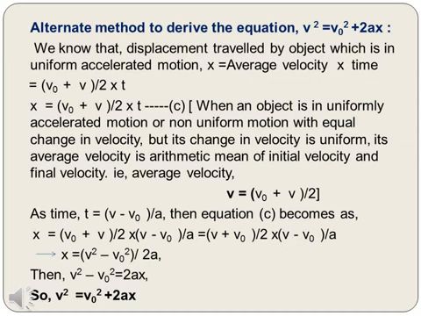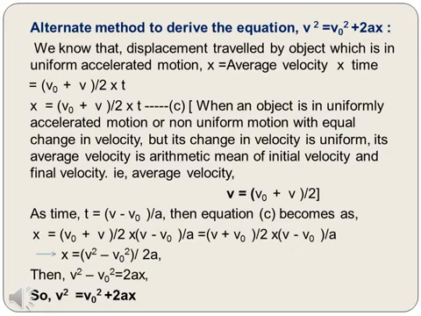As time t is equal to (v minus v0) divided by a, which is obtained from equation 1, then equation C can be written as x is equal to (v0 plus v) divided by 2 into (v minus v0) divided by a, which is equal to (v square minus v0 square) divided by 2a.